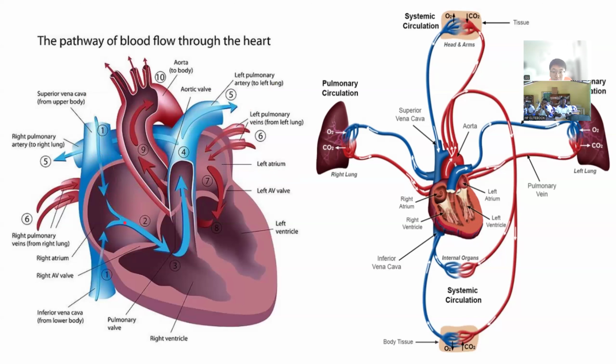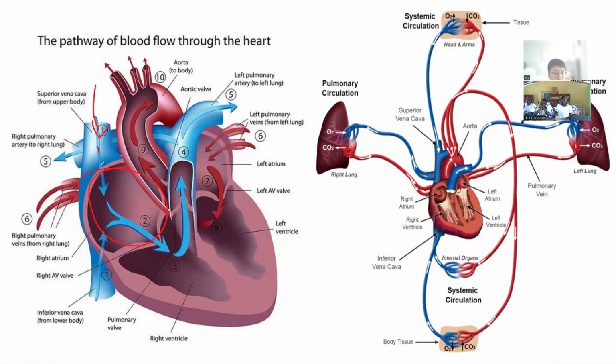So as it goes back into our heart from the vena cava, it enters the right atrium. And it's important to note that although this looks like the left atrium, this is actually the right part of our heart. So that's why this is called the right atrium.